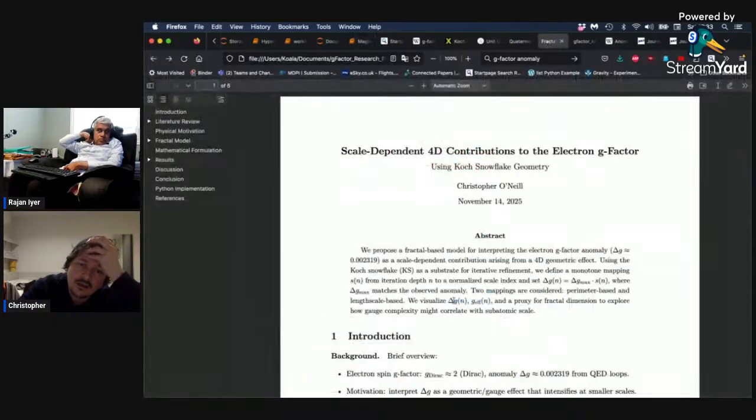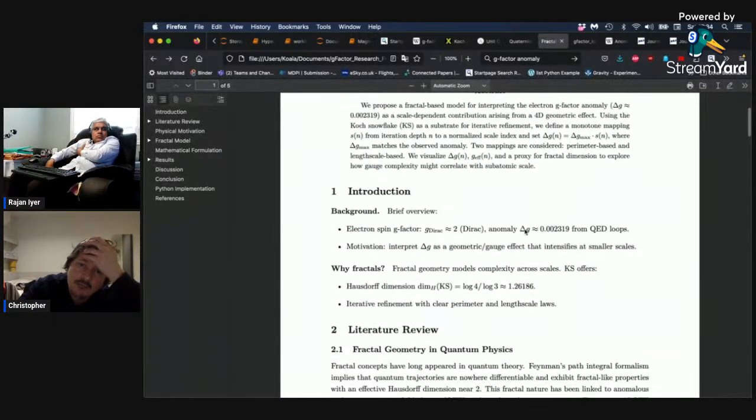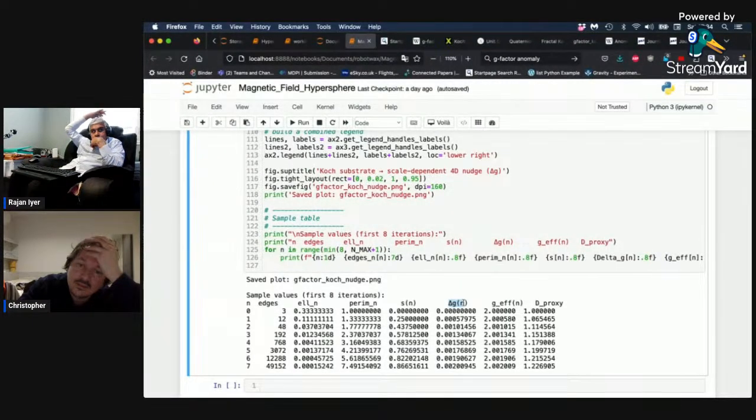If you look here, it might explain it better. The difference of G is like this small discrepancy. That's our target. You can see that's increasing, and it's getting ever closer to this 0.002 value, and then we have G. I guess that's effective N. As we add the 2, which is our Dirac baseline, and there's the proxy.